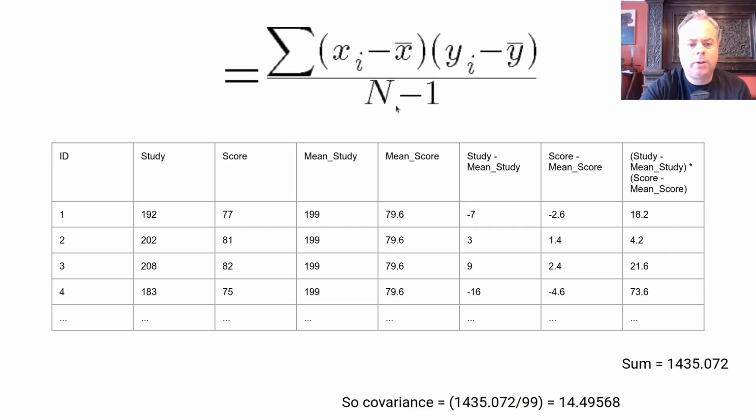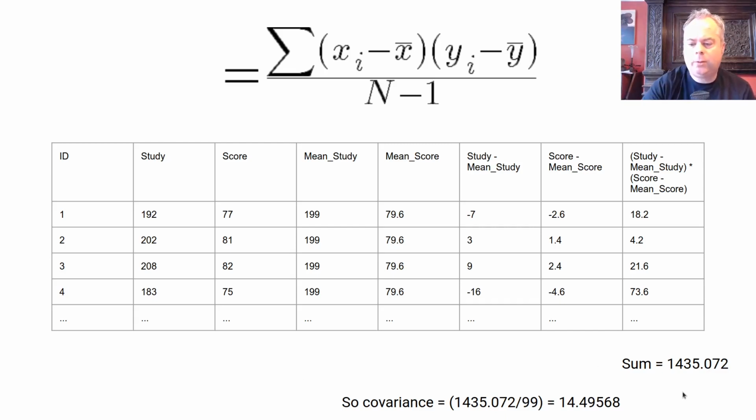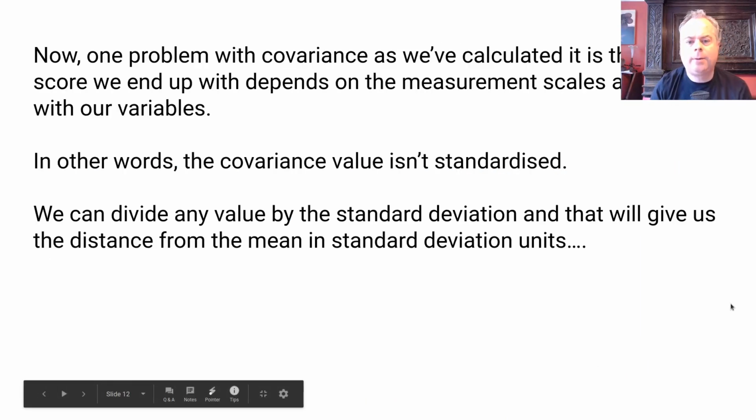So we've got 100 participants, so n minus 1 is 99 because n corresponds to the number of participants. So we can work out covariance by dividing 1435.072 by 99, which gives us a measure of 14.49568. So we've worked out covariance like that.